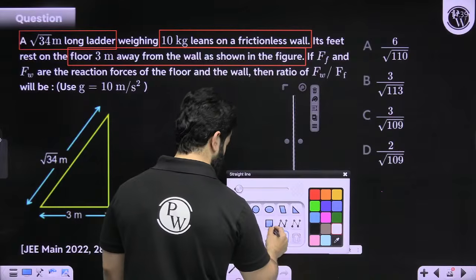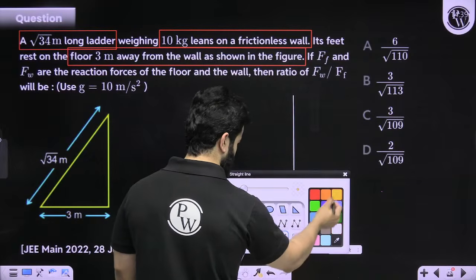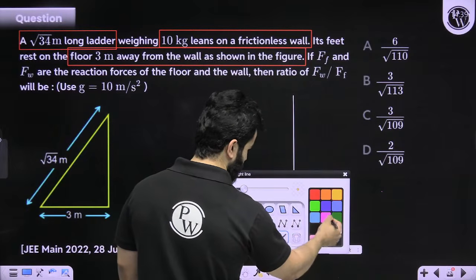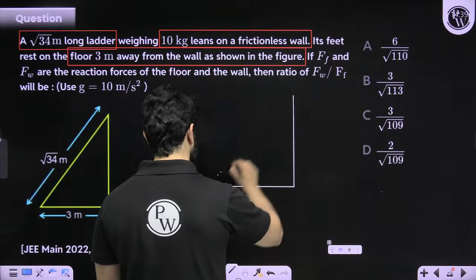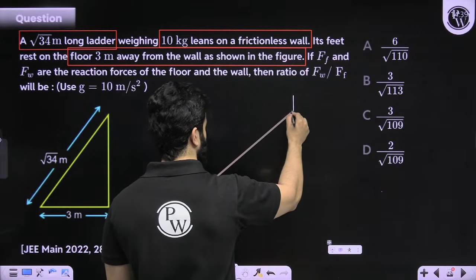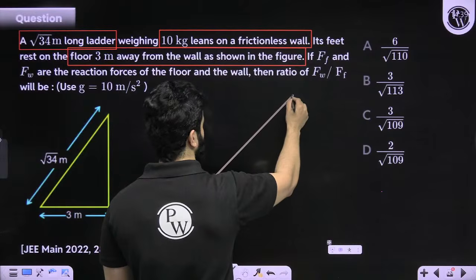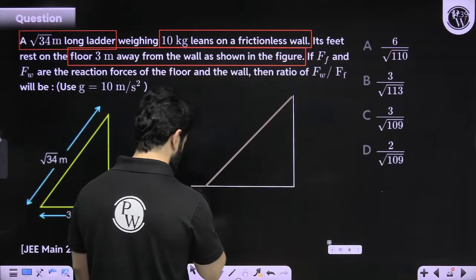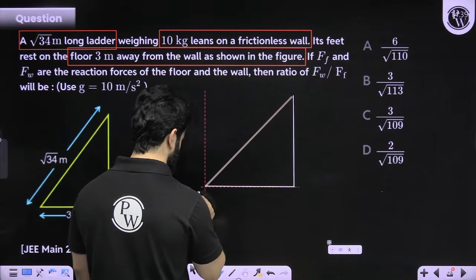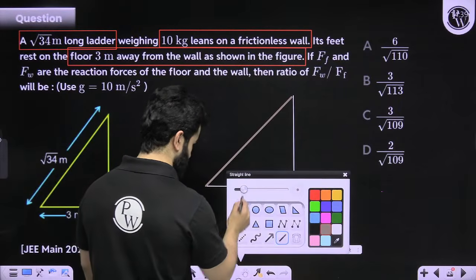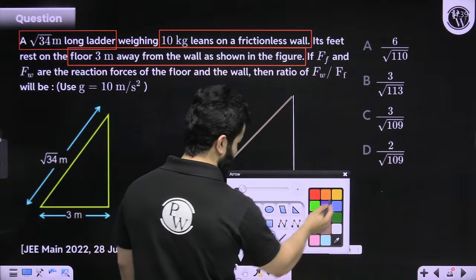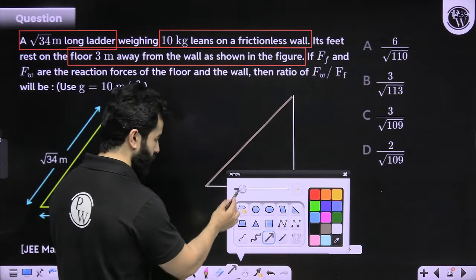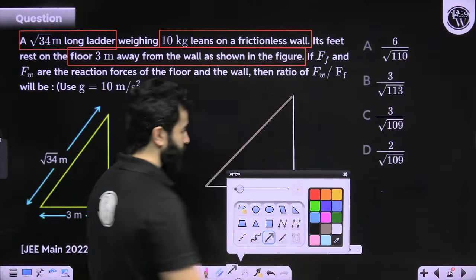Let's say this is our rod. Okay. Let me now draw the free body diagram for this.